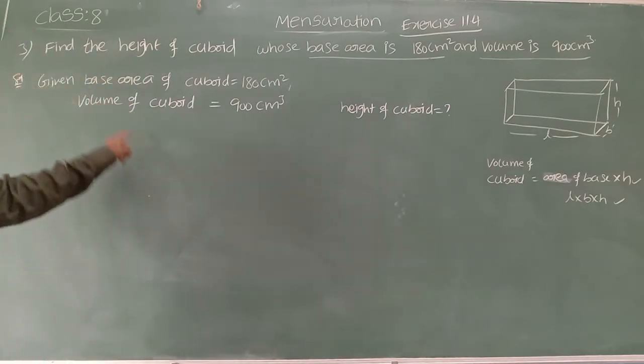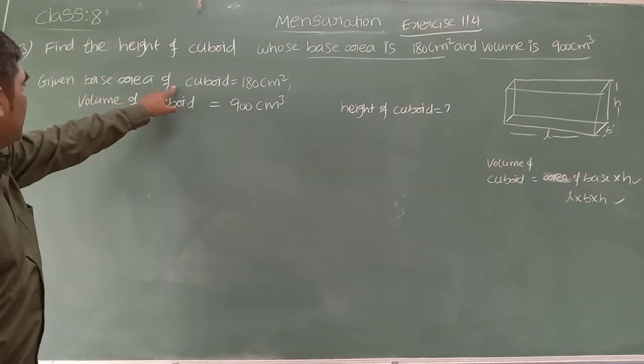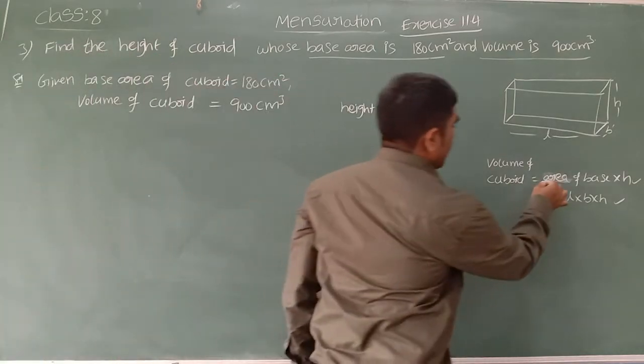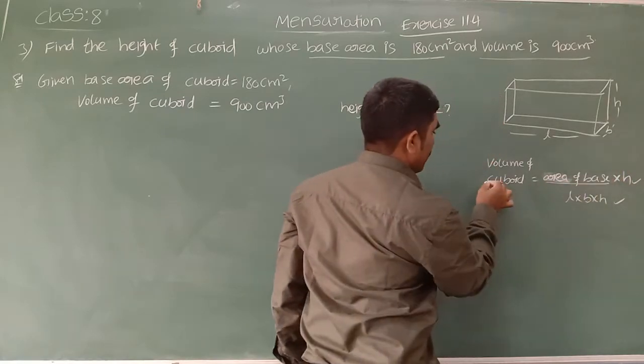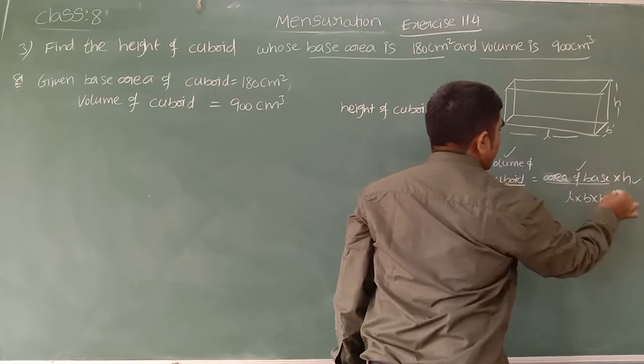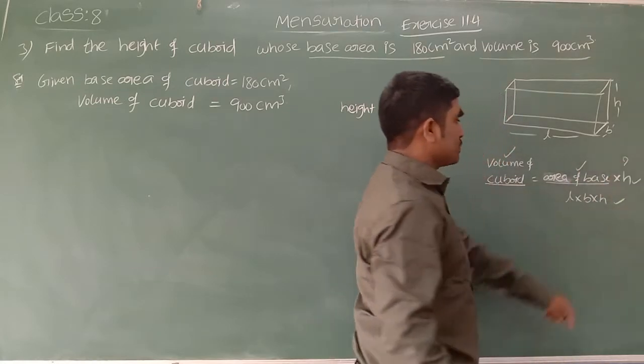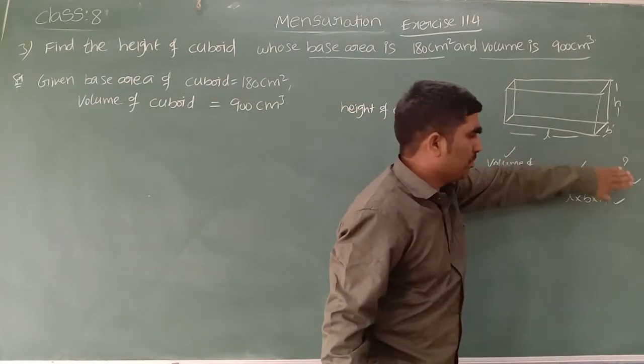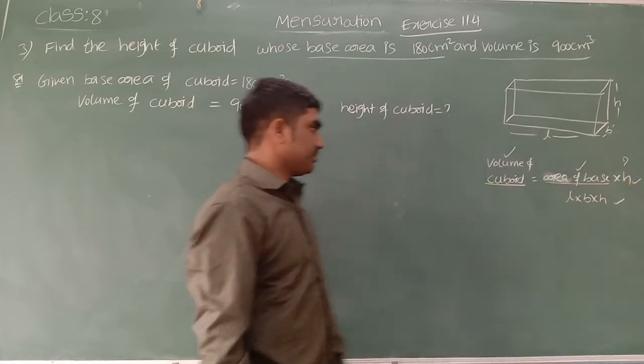Now here the area of the base they already gave, and the volume of the cuboid he gave. He asked you to find the height. So let us go with the first formula. Both are the same, beta.